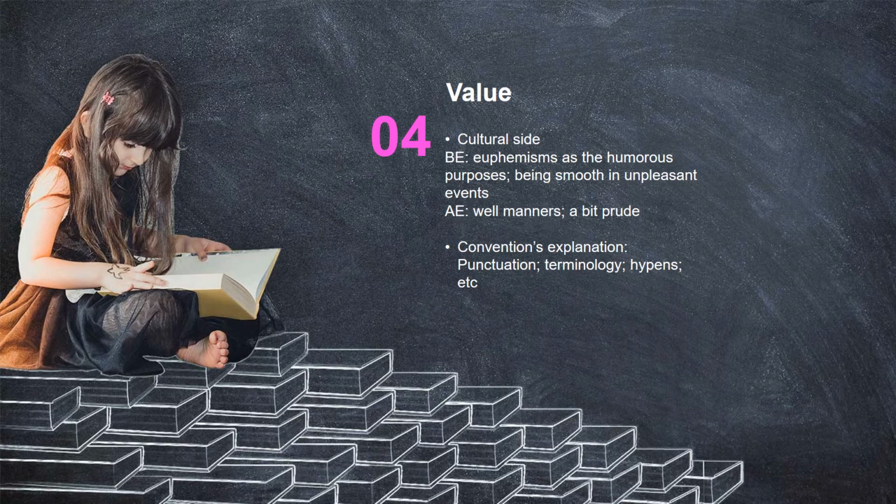And for the convention, I can learn from the punctuation, the terminology, and hyphens, double L when a suffix is added, and prepositions, haven't got and gotten, while, whilst, something like that. So this is really good to be learned, I think.